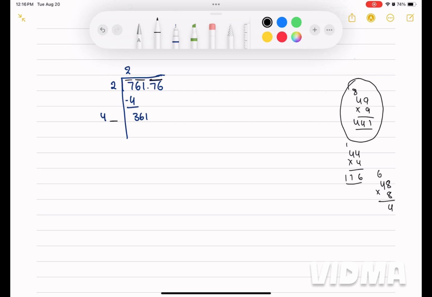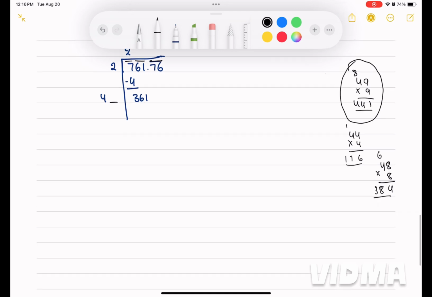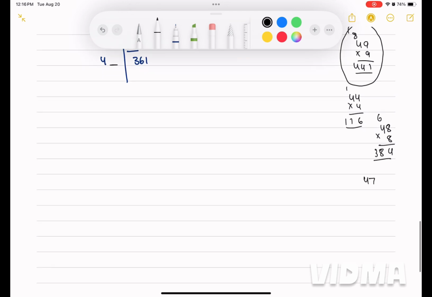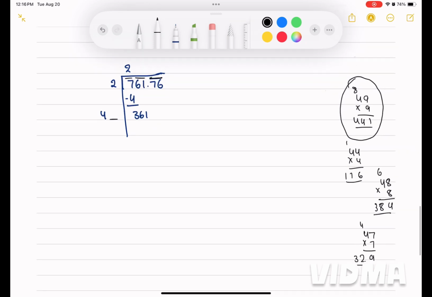That's coming up to 384. So let's try 47 into 7. That might give us the closest number to 361. Right? 329. We subtracted 329. Perfect.